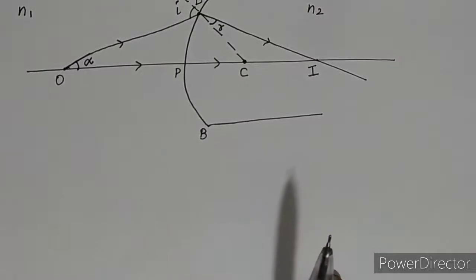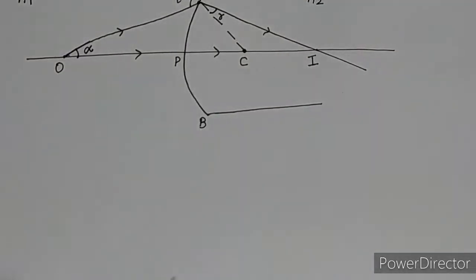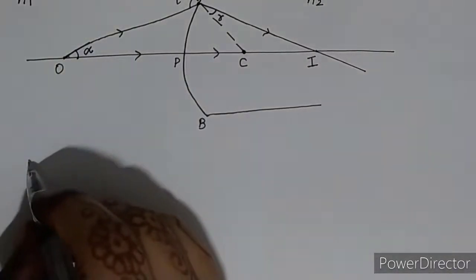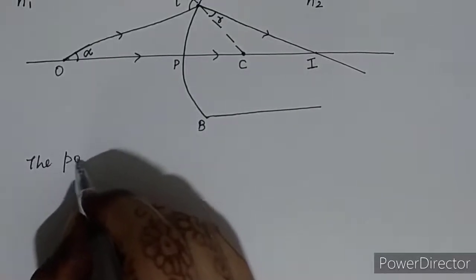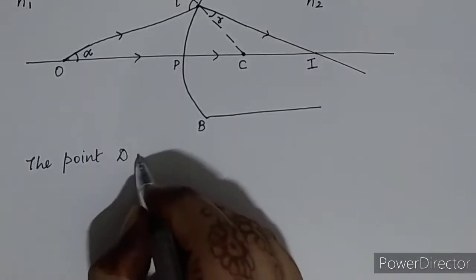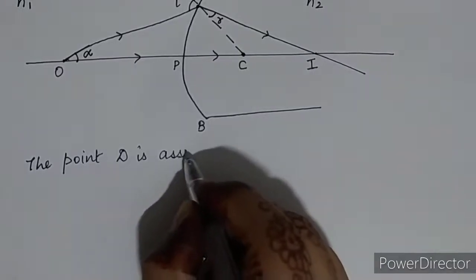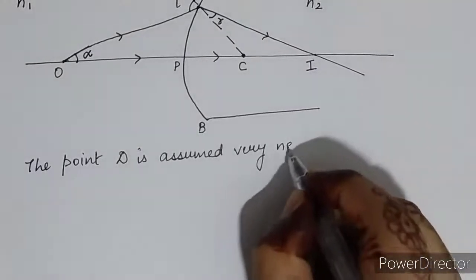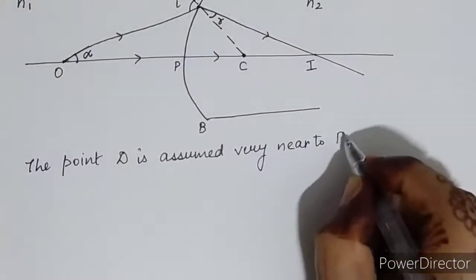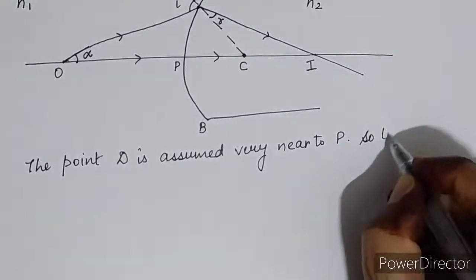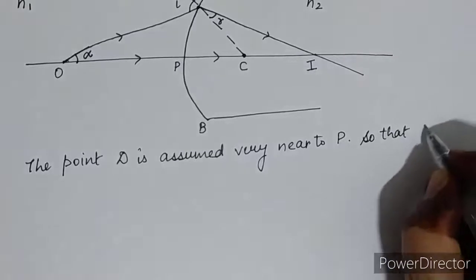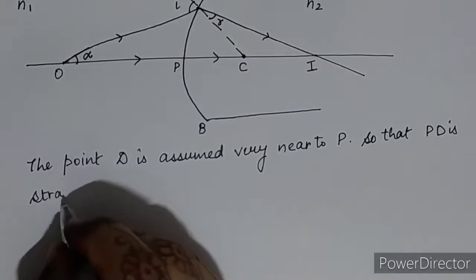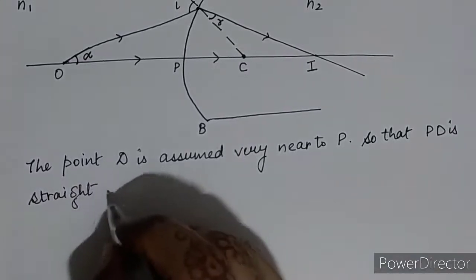This is the assumption that we have made: the point D is assumed very near to point P, so that PD is a straight line.